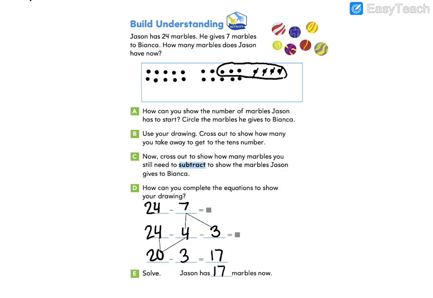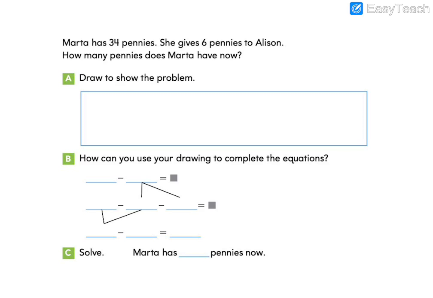Let's look at the next problem. Marta has 34 pennies. She gives 6 pennies to Allison. How many pennies does she have now? We'll draw the problem first. I'm going to do the same thing I did in the last one by showing groups of 10 like they're in a 10 frame.